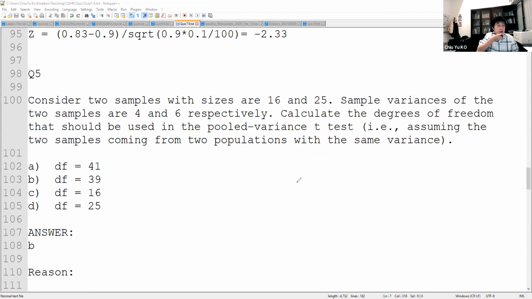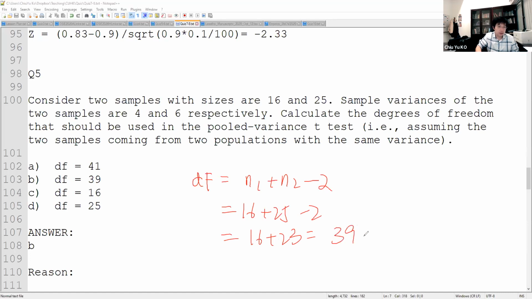Sample variance is 4. And you do a pooled variance, right? Pool the variance means you pull together, then the DF will be just n1 plus n2 minus 2, okay? Will be 16 plus 25 minus 2, right? So will be 16 plus 23, right? Then it's 39. So it should be B.